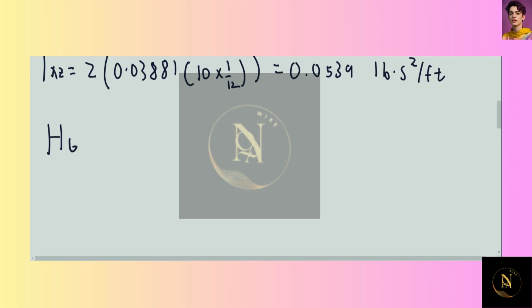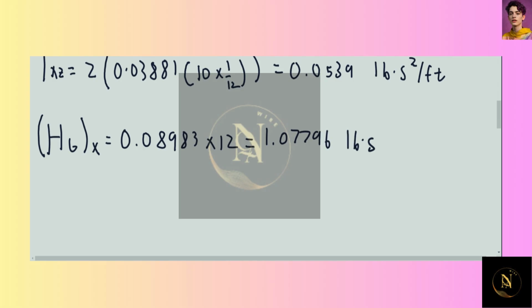So h of gx is going to be equal to 0.08983 times 12, the angular velocity, and this will be equal to 1.07796 pounds seconds per feet.